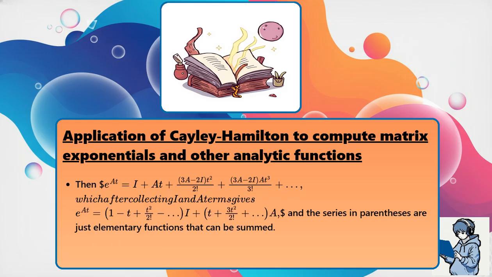Then e^{At} = I + At + (3A − 2I)t²/2! + (3A − 2I)A t³/3! and so on, which after collecting I and A terms gives e^{At} = (1 − t + t²/2! − ...)I + (t + 3t²/2! + ...)A.